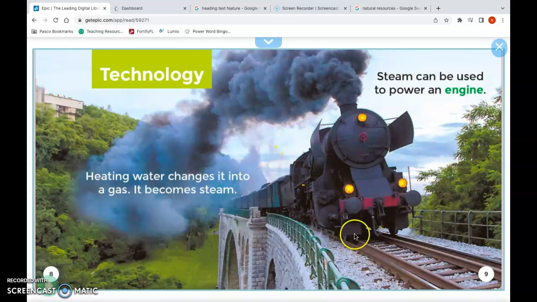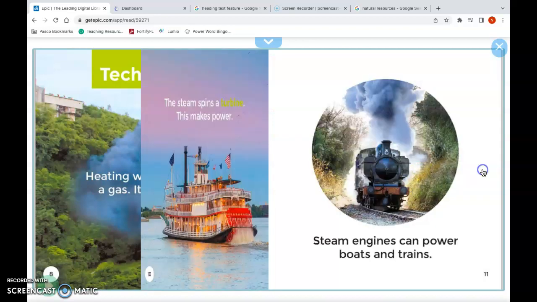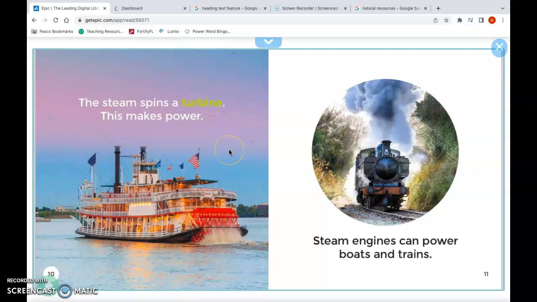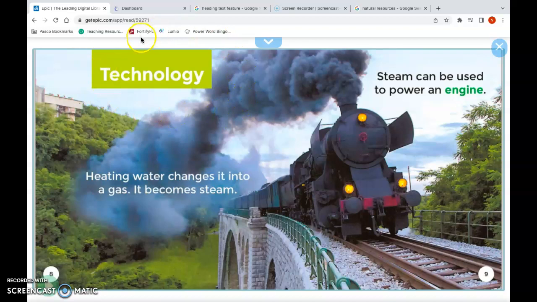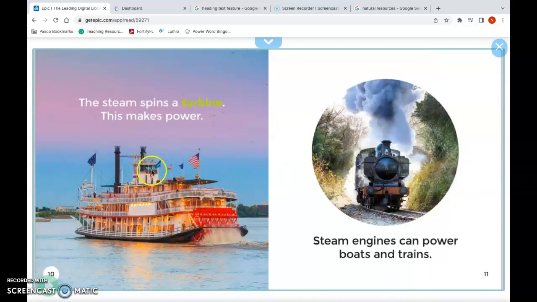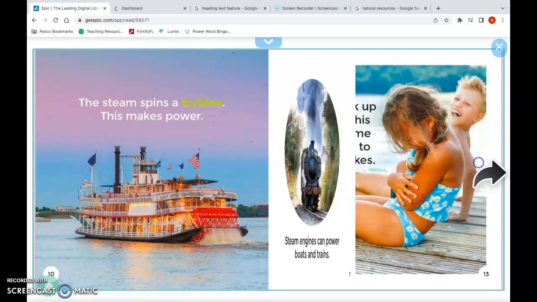So it's going to be powering this engine train. The steam spins a turbine. This makes power for this steamboat. Steam engines can power boats and trains. So again, friends, this heading of technology has told you all about these different forms of steam and how it powers the engine of these different vehicles, either the train or the steamboat.